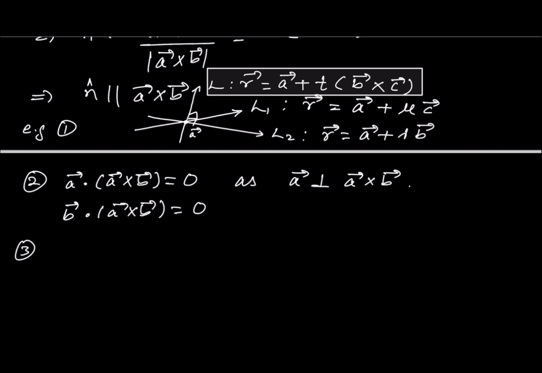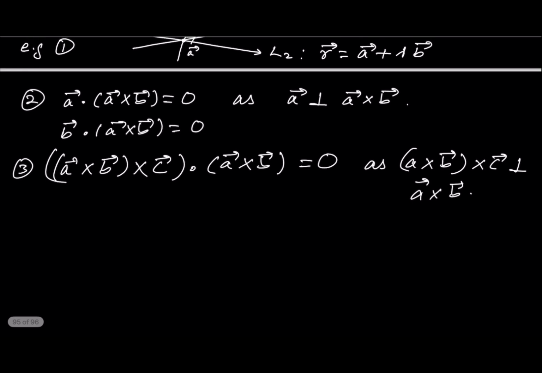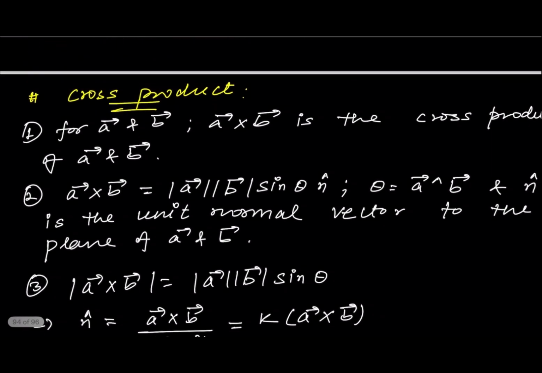And also if I extend this concept in example 2 to three vectors, say A, B, C, that is A cross B cross C dot A cross B is 0, as A cross B cross C vector is perpendicular to A cross B, right? Now, this is point number 2.